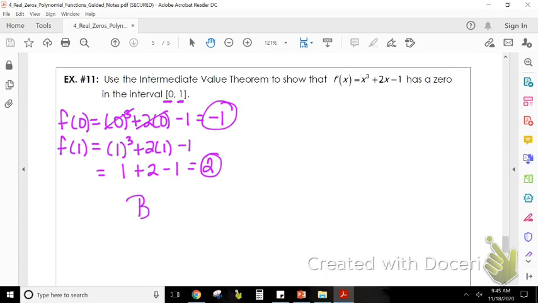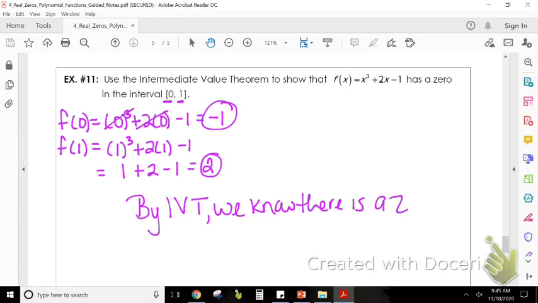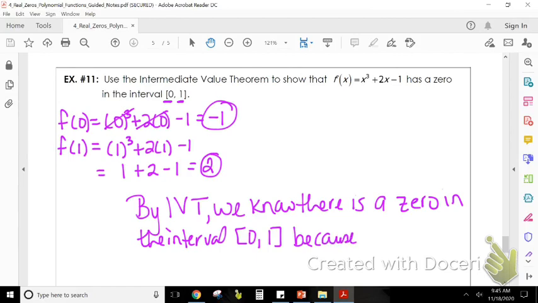So we're going to write that as by the intermediate value theorem, we know there is a 0 in the interval (0, 1) because f of 0 is negative and f of 1 is positive.